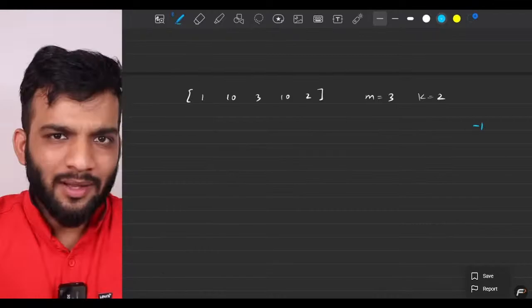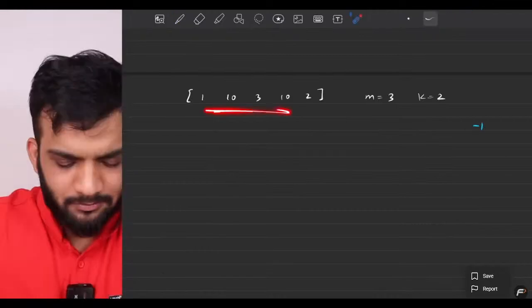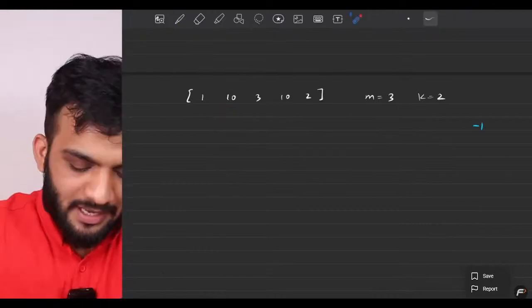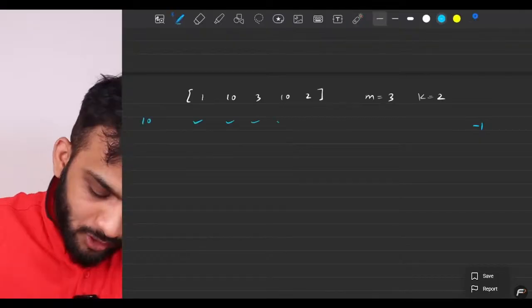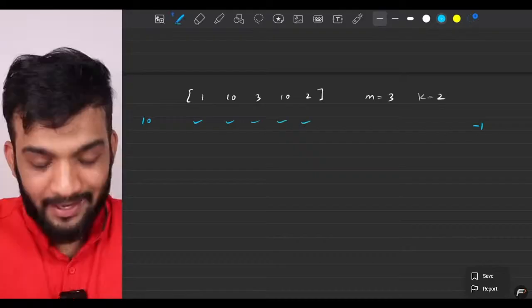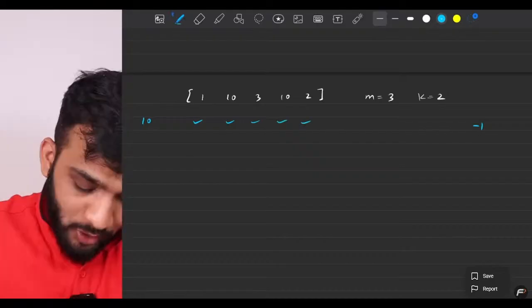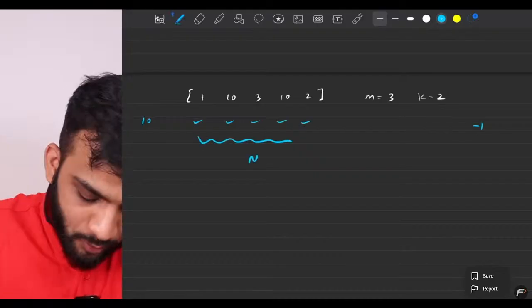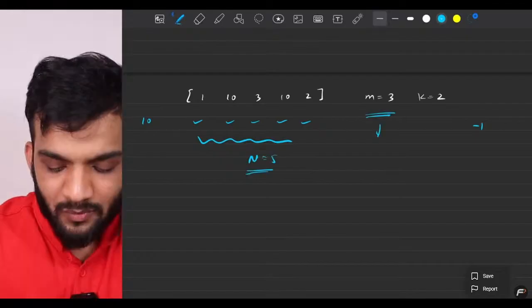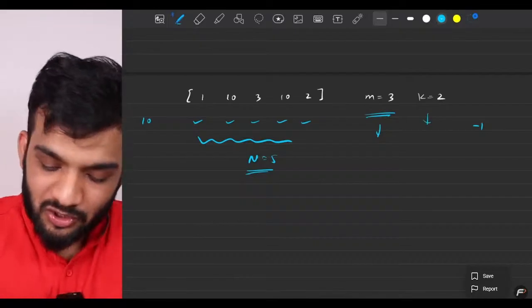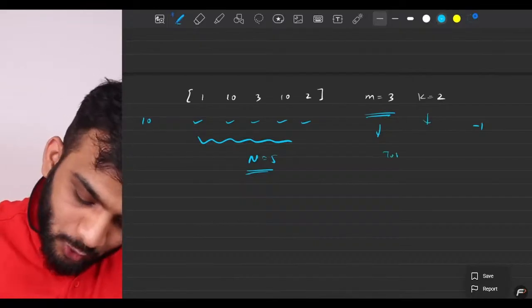So we know one thing for sure. If we take the maximum bloom day in the array, which is 10, all the flowers would have bloomed, right? And in such case, the total number of flowers will be n, which over here is 5. They want 3 bouquets of 2 flowers each, which is a total of 6.